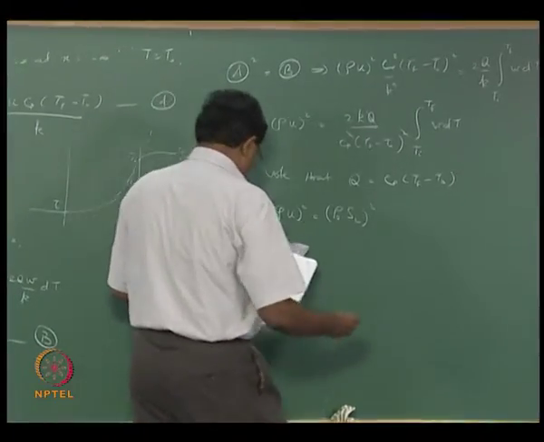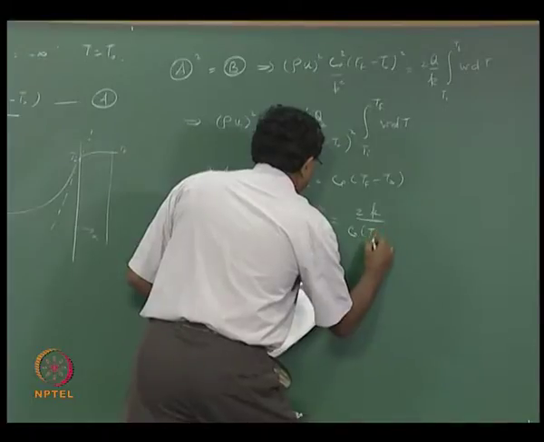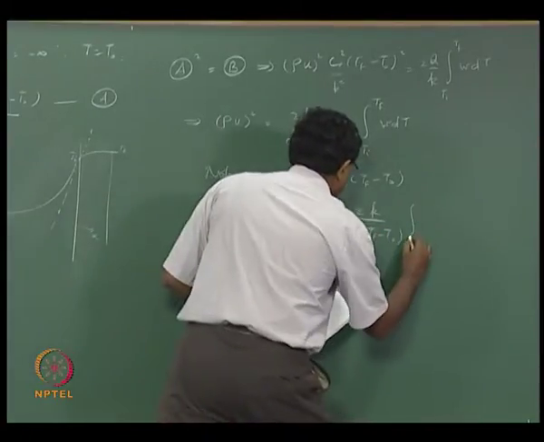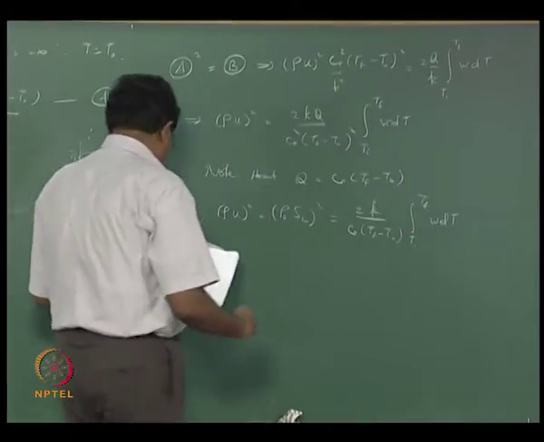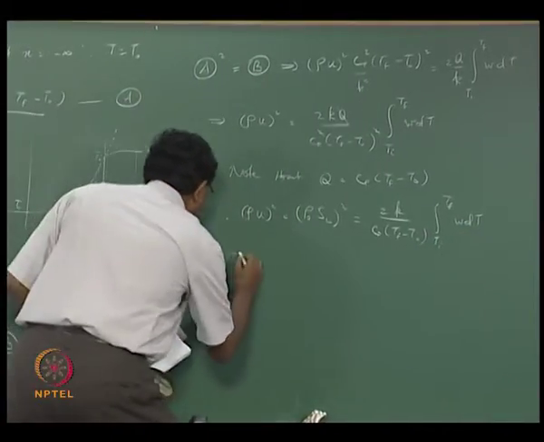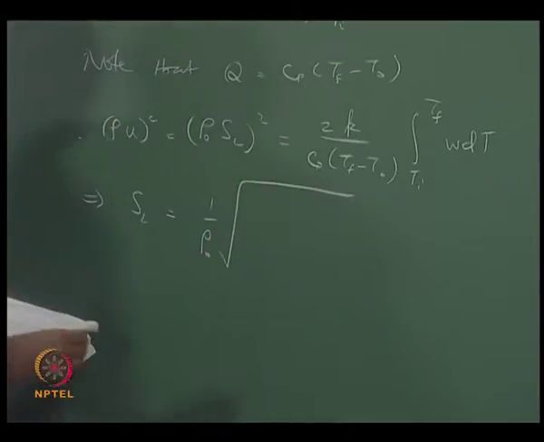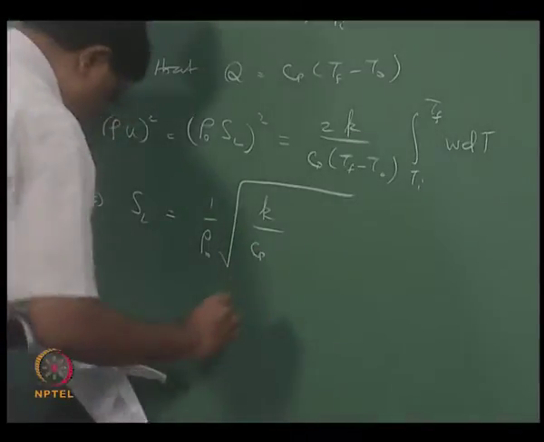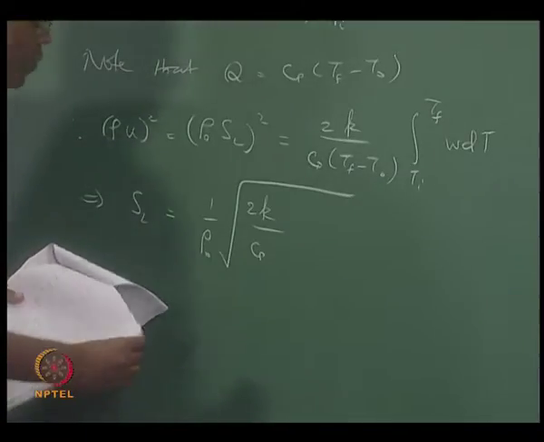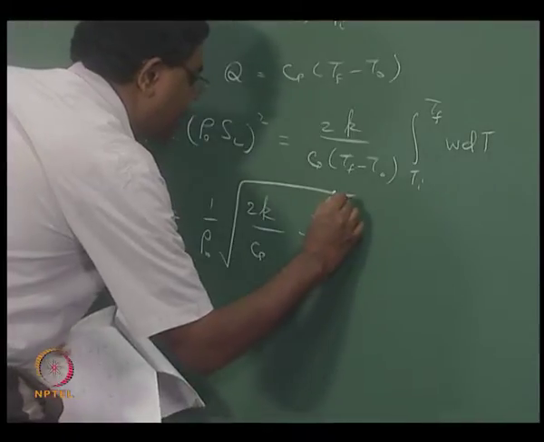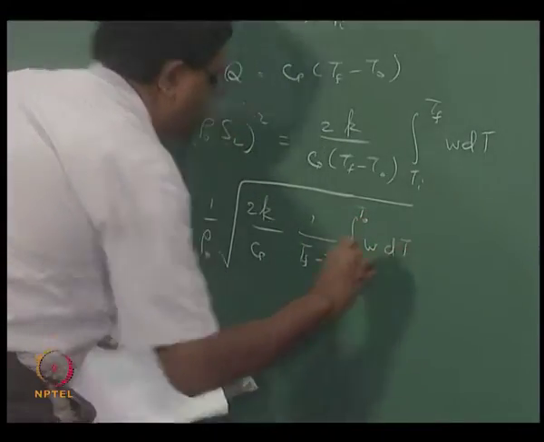So there we are. So you could now write this as 2k divided by Cp, Tf minus T naught, integral Ti to Tf of W dt, and we are now going to say SL is equal to 1 over rho naught, K over Cp, or 2k over Cp, 1 over Tf minus T naught, integral Ti to Tf of W dt.